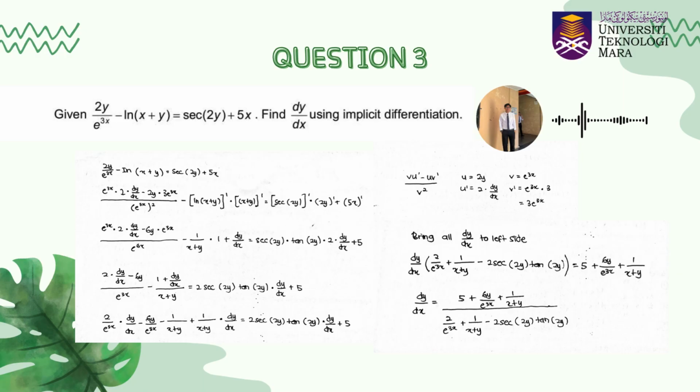Step 4. Solve for dy/dx. Finally, we isolate dy/dx by dividing both sides. dy/dx equals 5 plus 6y over e to the power of 3x plus 1 over (x + y), all over 2 over e to the power of 3x plus 1 over (x + y) minus 2 sec y tan y.